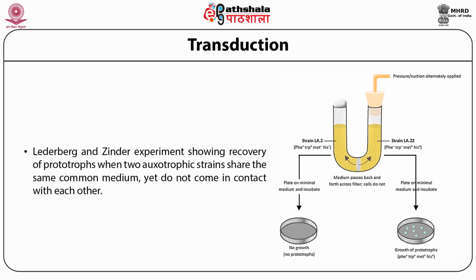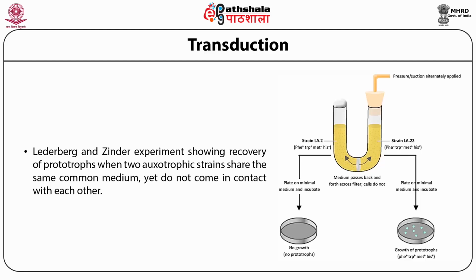a filter, when the filter was of pore size 100 nanometers, which allowed the passage of particles of the size of the phage particle, there was a recovery of prototrophs, though with a very low frequency, again suggesting that recombination was being achieved.